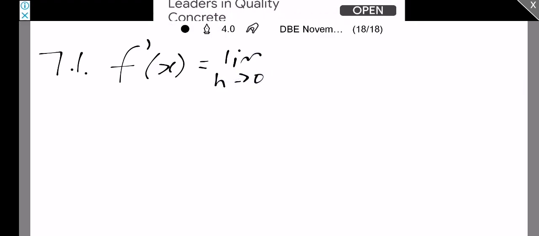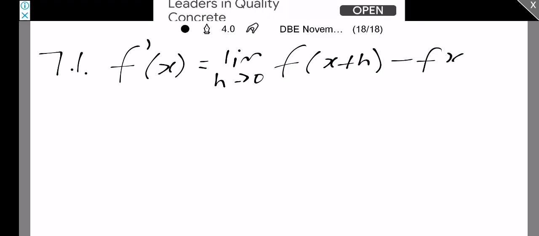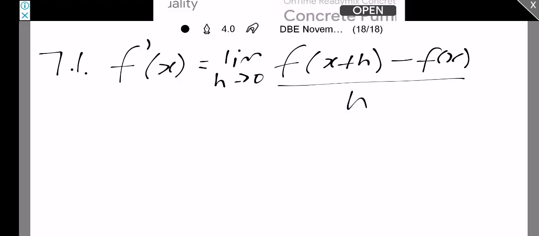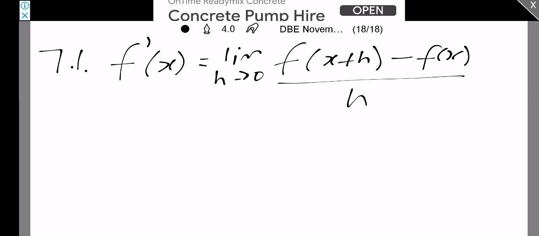This is very important. f of x plus h minus f of x all over h. Now remember f of x was 2x squared minus x. Now it means where there is x, we are going to substitute x plus h.